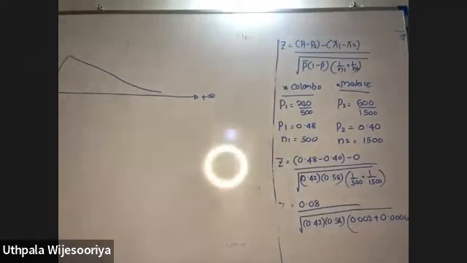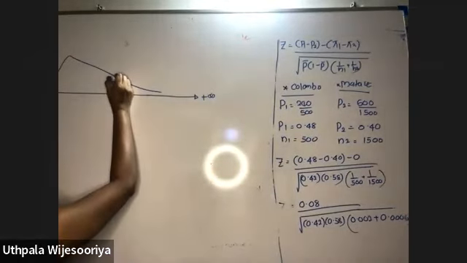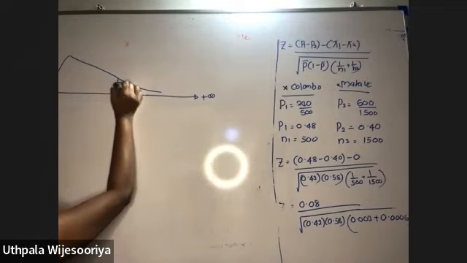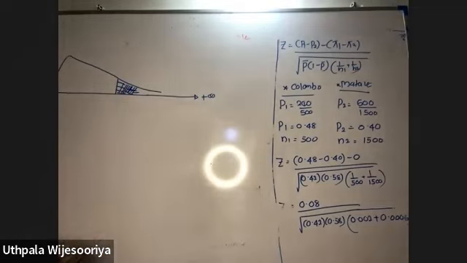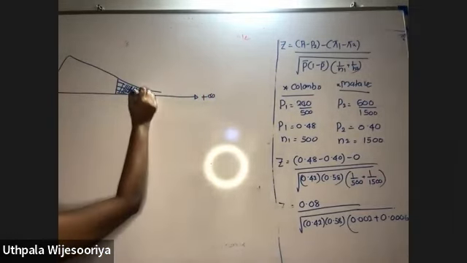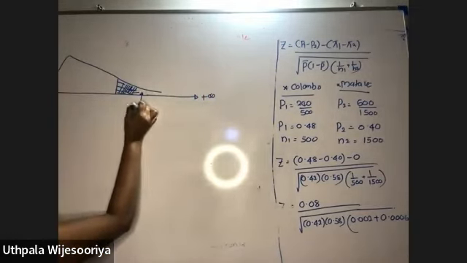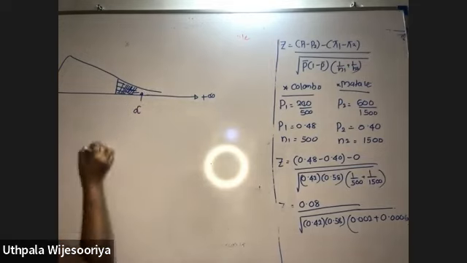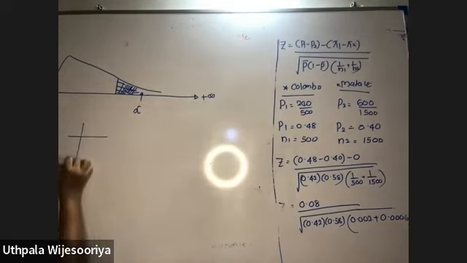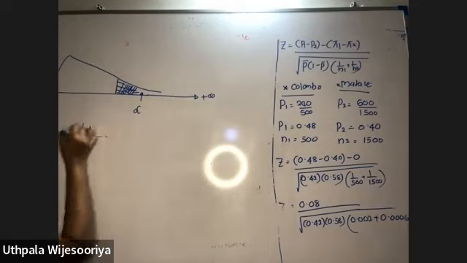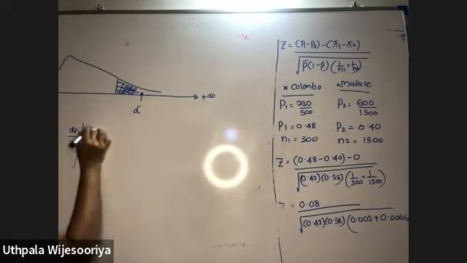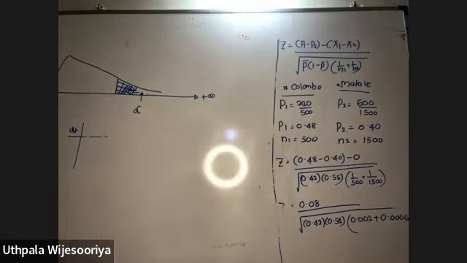Now this is our alpha, the area of the right tail. Alpha is 0.05 or 0.01, the significance level.